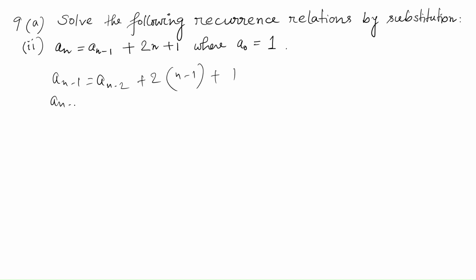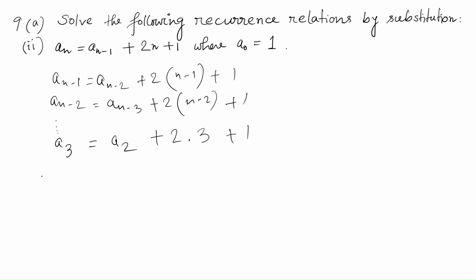Then a n minus 2 equal a n minus 3 plus 2 into n minus 2 plus 1. And a3 equal a2 plus 2 into 3 plus 1. a2 equal a1 plus 2 into 2 plus 1. a1 equal a0 plus 2 into 1 plus 1.